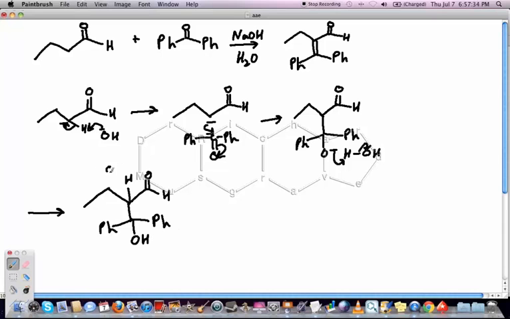And then we can have OH minus come in again, remove this proton, and then form the double bond, remove the other OH.